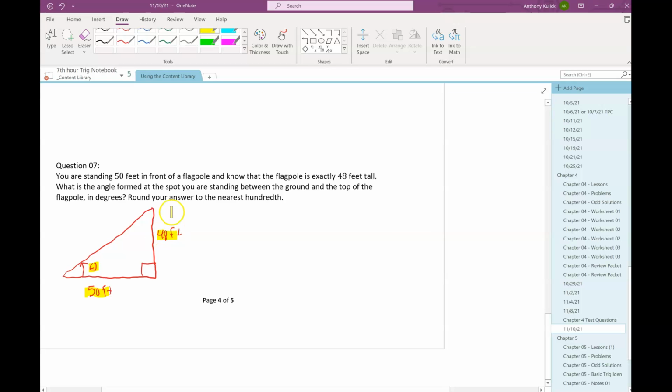And the 48 is opposite. So which one do I want? Tangent. So tan theta equals 48 over 50. Then theta is going to be the tan inverse of 48 over 50. And then it's just calculator time.